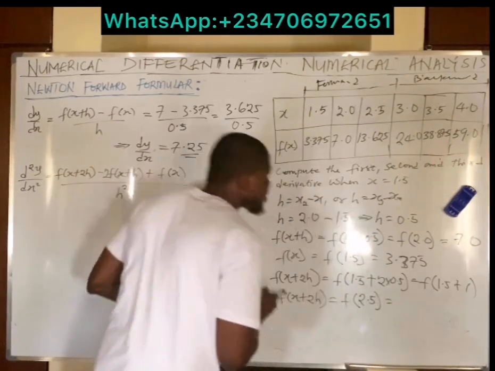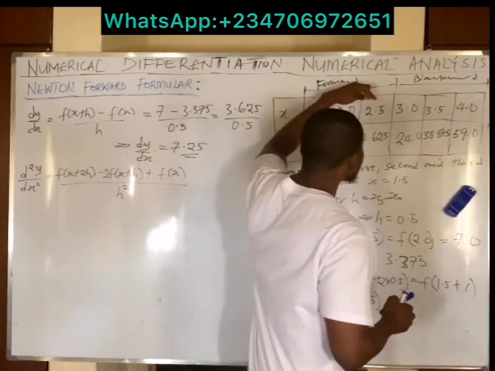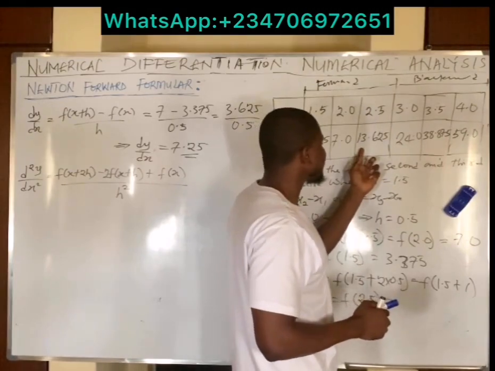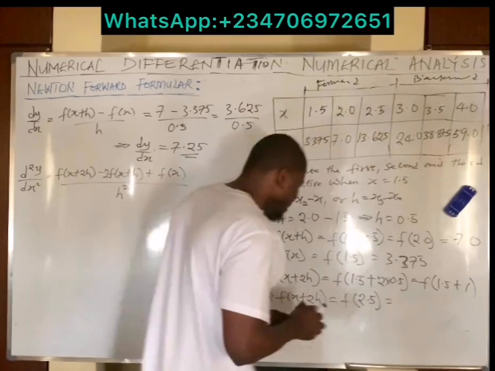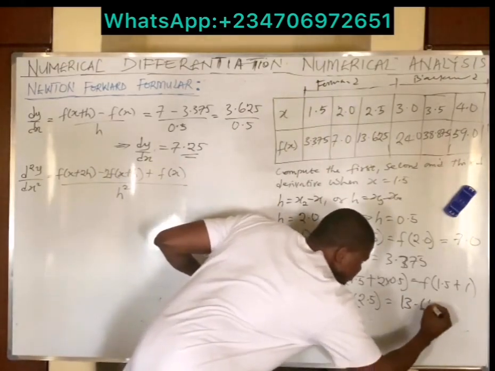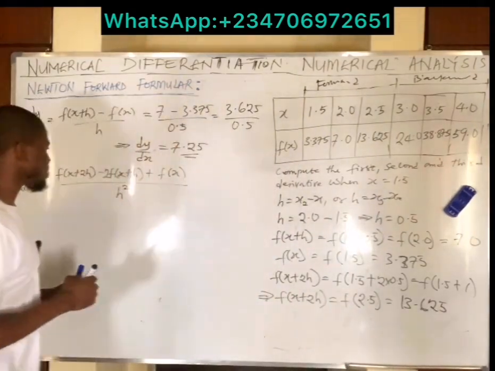So from the table, when x is 2.5, f of x itself is 13.625, right? So that means f of 2.5 equals 13.625. Okay, so let's couple everything now into the formula.